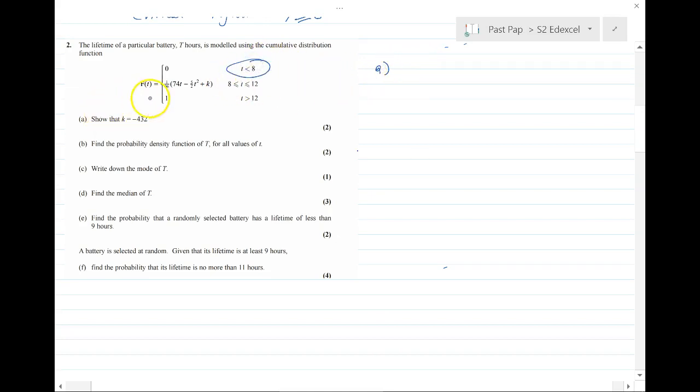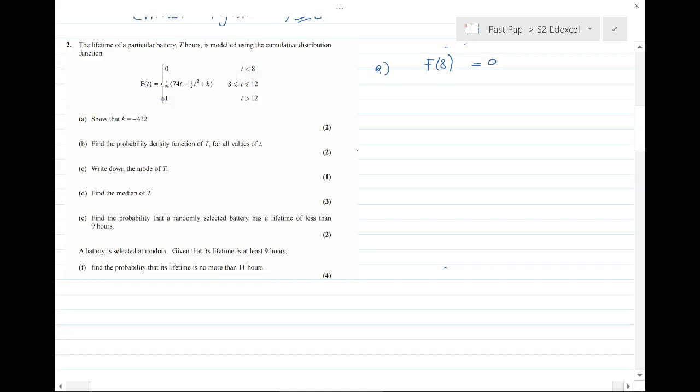Remember, this is basically, given F(t), it gives us the probability that T is less than t. But T can't be less than 8, so we can say that F of 8 equals 0, and that's how we're going to work out our constant.